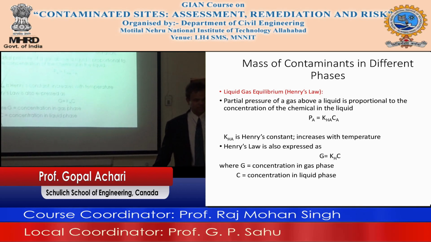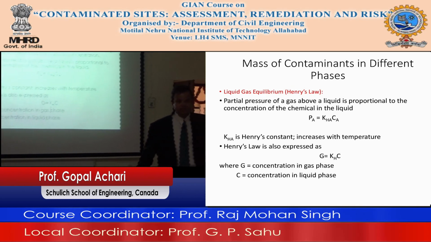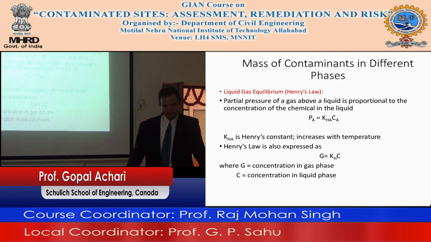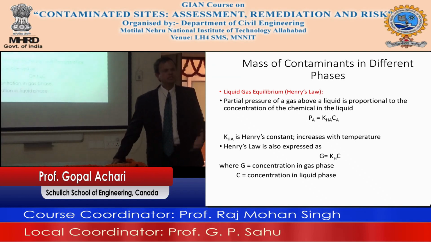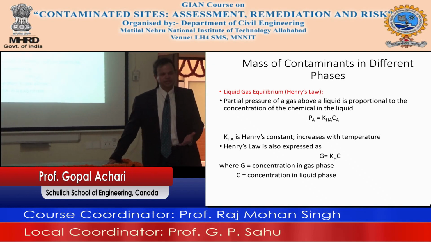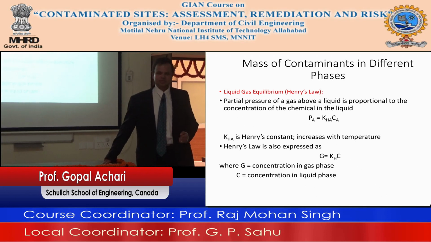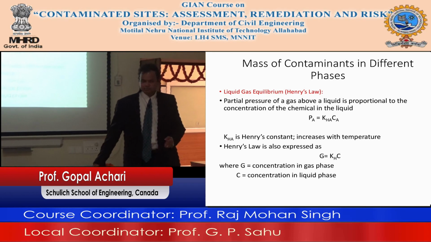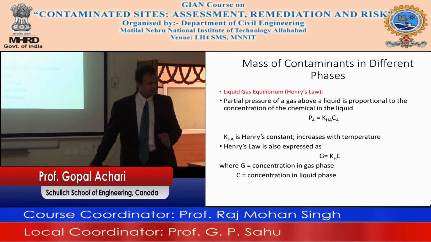You know what partitioning is, right? Different forms, dissolved phase, vapor phase, whatever, right? Why do you need to know the partitioning of contaminants if you're trying to estimate the amount of contaminants? Why do you need to know that?